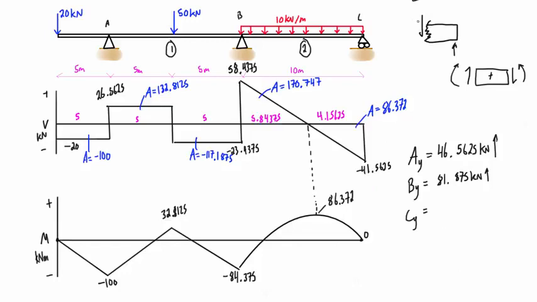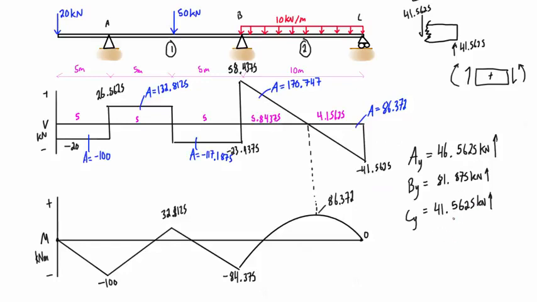It's opposite that negative sign convention. So it's going down with a magnitude of 41.5625, which means that the reaction here for the force balance in the y direction has to be 41.5625 going up, and that is our reaction at C. So 41.5625 kilonewtons going up.